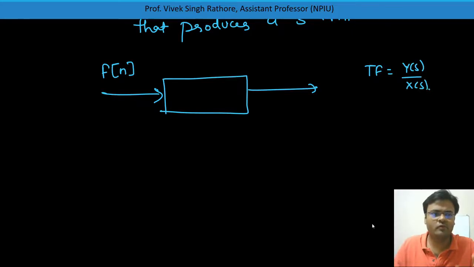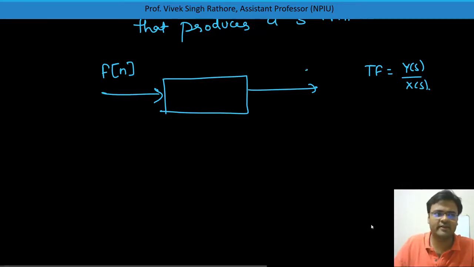Impulse response is delta t, that is the identity signal, so you'll get it like this only. So whatever output you are getting here as impulse response, you can write it as h of n.